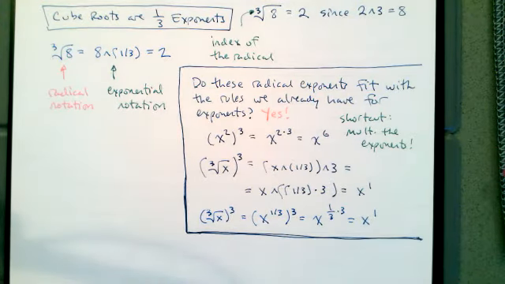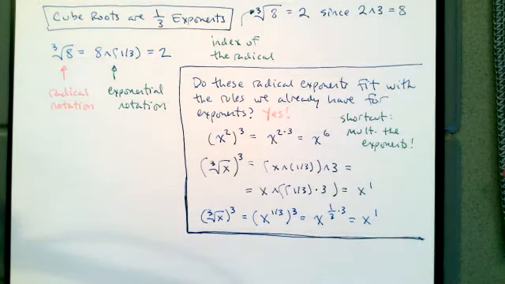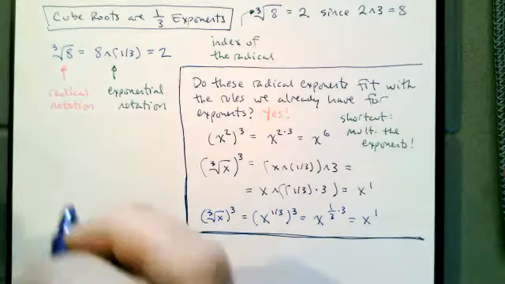So square roots are 1/2 exponents. Cube roots are 1/3 exponents. The big idea here, and the reason that we have to have these words for things, is that the index is the denominator. There's a nice little summary.